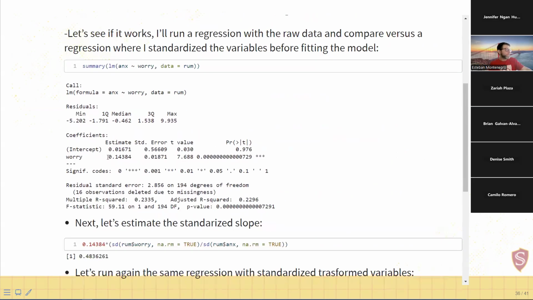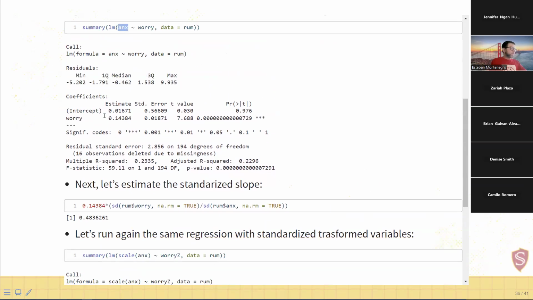In this example, I'm estimating this regression with a raw score. It has not been transformed. It only says worry and anxiety. So I'm explaining anxiety by worry. What I'm thinking is that anxiety depends on worry, so anxiety was produced because people worry. And it makes sense too. According to the little I know about psychopathology, that makes sense.